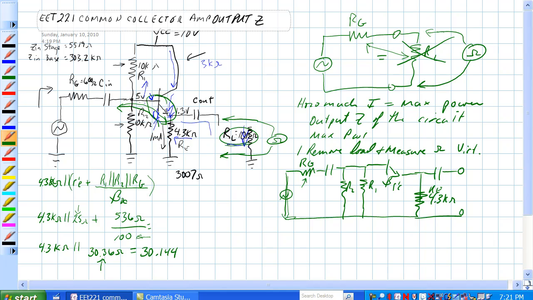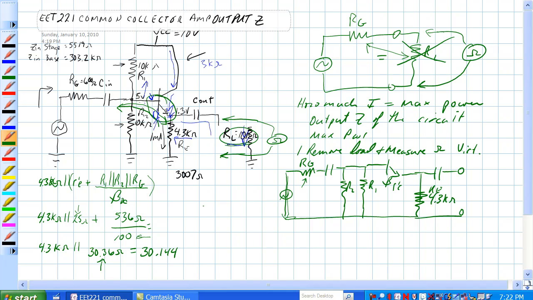Divide that by the beta DC, which was 100 that we used in the past. We end up with 4.3 k ohms in parallel with 30.36 ohms. And we end up with 30.144 ohms.